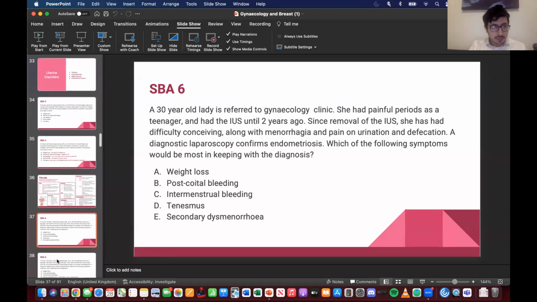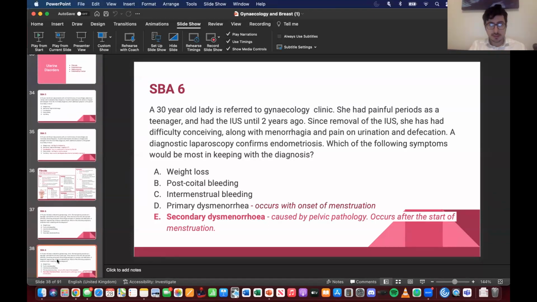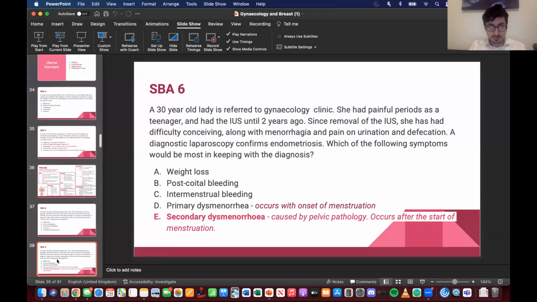So in fact, the correct answer in this case was E. In this SBA, a 30-year-old lady is referred to the gynae clinic. She's had painful periods as a teenager and had the IUS until 2 years ago. Since the removal of her IUS, she's had difficulty conceiving, along with menorrhagia and pain on urination and defecation.